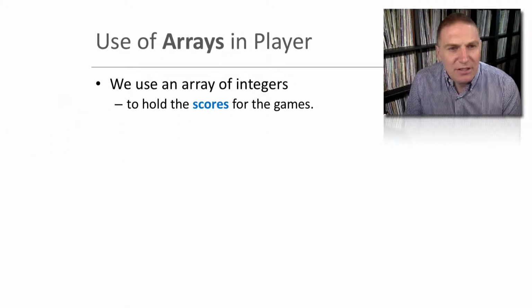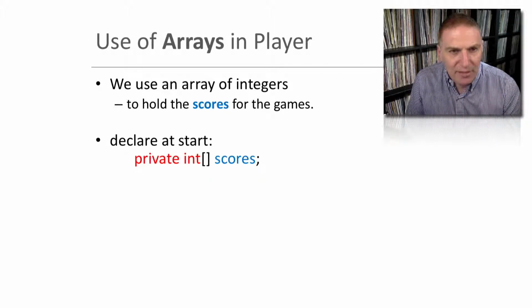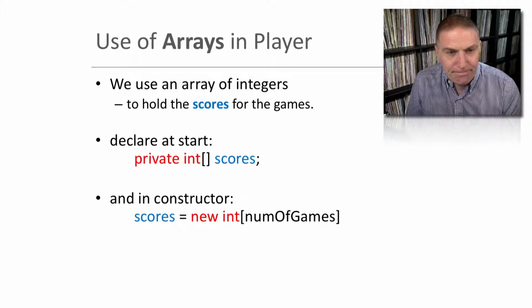We use an array of integers to hold the scores for the games, and to do that we'll have to declare this new array called scores as an array of integers, and we add one word in front of it which is private, which means that this is only available inside the player class file. Inside the constructor we'll then define the array to be a certain size, and the size is going to be the number of games.